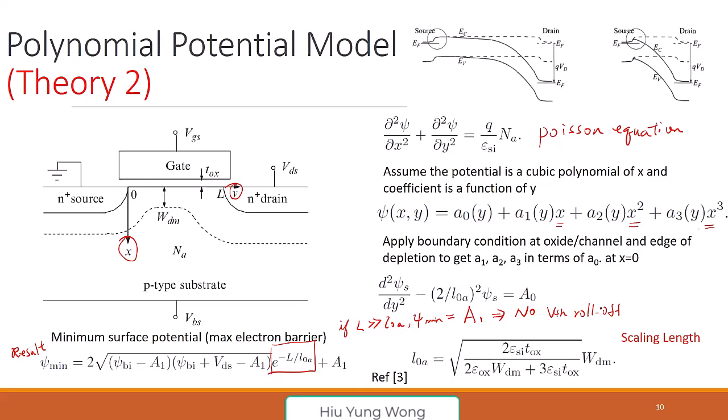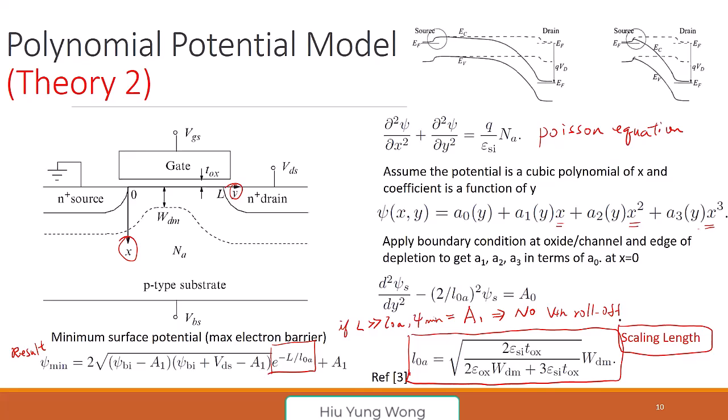Okay? But it's impossible, right, to make it very large. I mean, we can make it very large, but useless, right? So here, what is A1? What is LA0? This is the equation it is given. Still wrong. But it introduced a very important concept called scaling length.